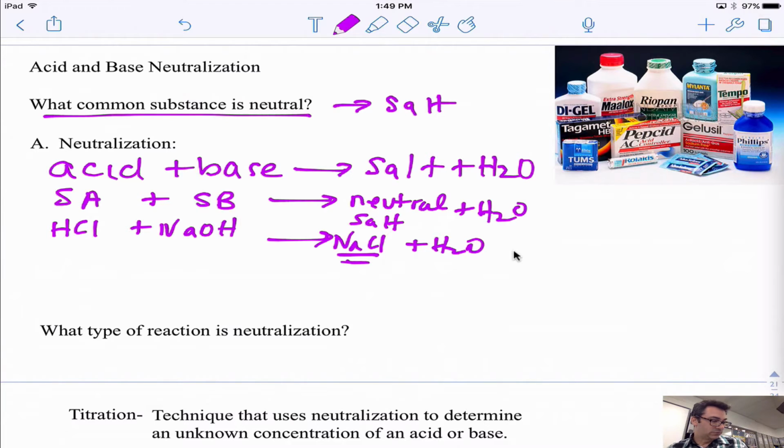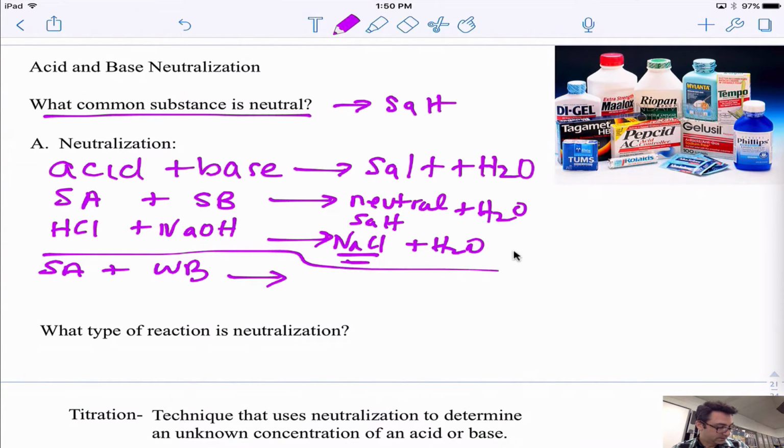You could also have a neutralization where you have a strong acid and a weak base, or a weak base and a strong acid. So for example, if we were to have strong acid plus weak base, we would produce a salt that is slightly acidic. Now this is still considered a neutralization, but the salt that's produced has a pH that's a little bit less than 7.